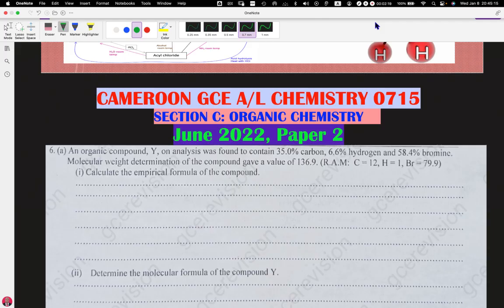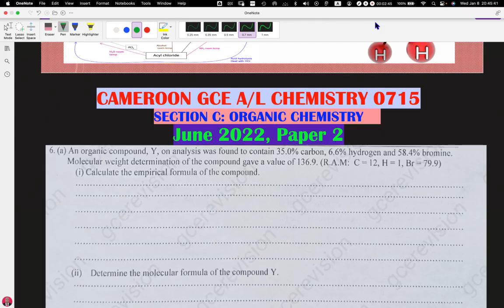You should be versed with this. When you see such questions, what should come to your mind is how to calculate empirical formula. Going back to our stoichiometry, going back to how to calculate the number of moles.